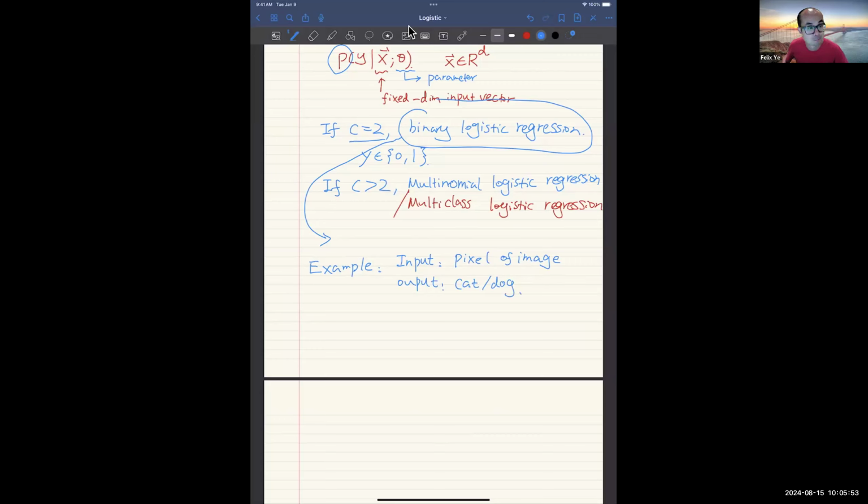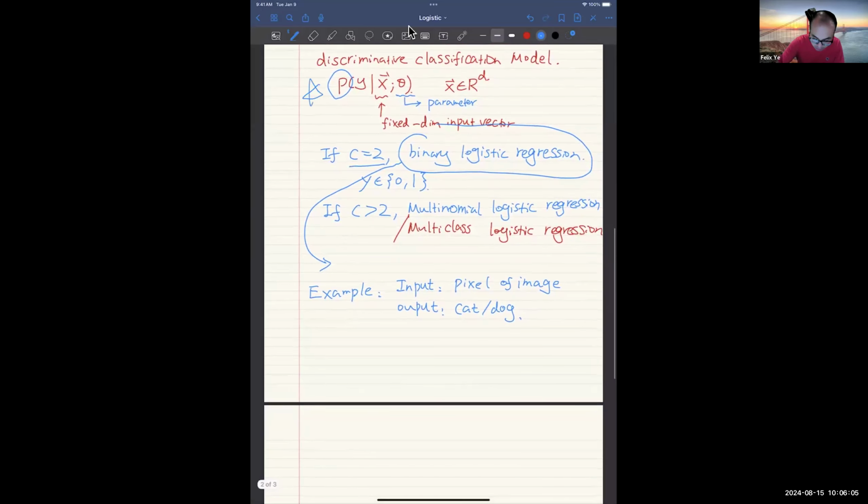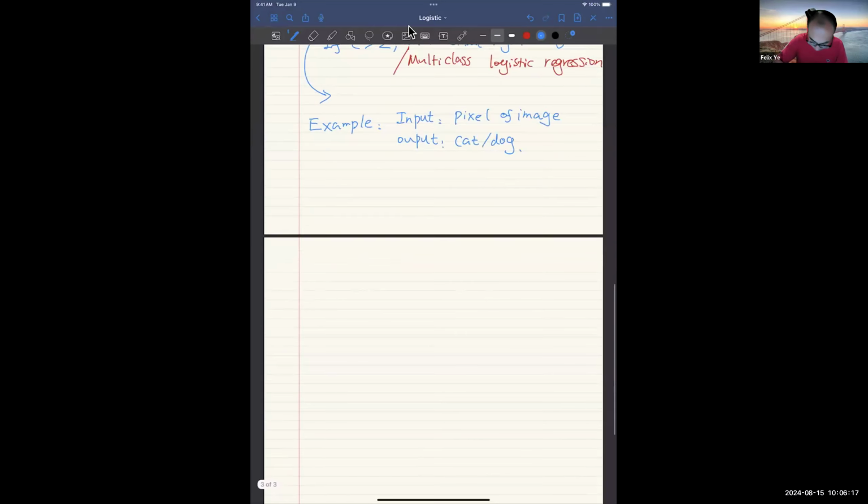So we need to build a model for this probability right here. We need to build this discriminative classification model for the given features X and the output of Y. So here is the model for binary logistic regression.